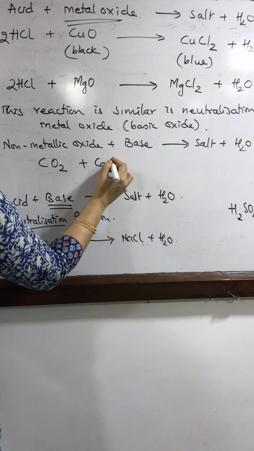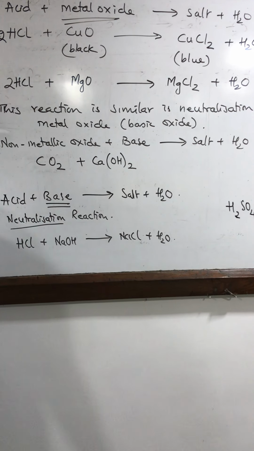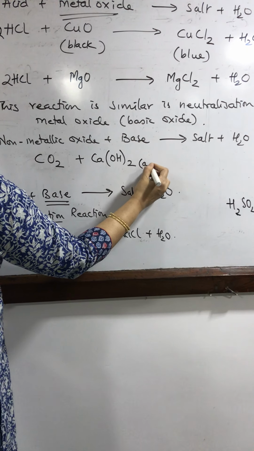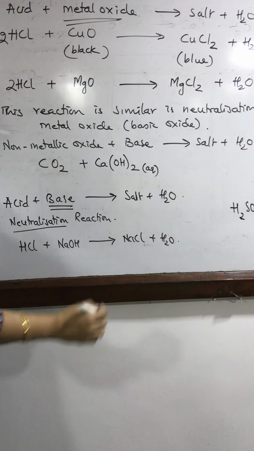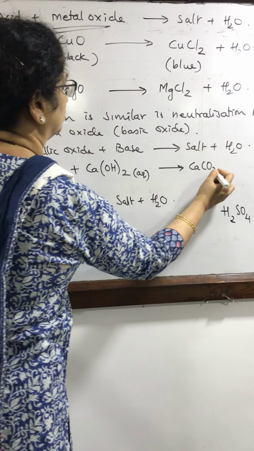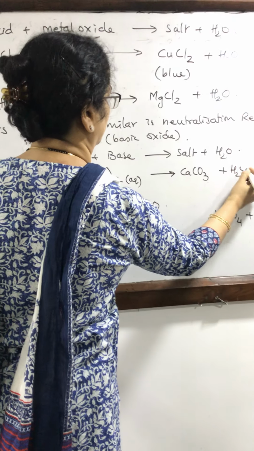If we pass carbon dioxide into calcium hydroxide solution, or react it with calcium hydroxide solution, then it is a double displacement reaction forming calcium carbonate, that is the salt, and we will get water.